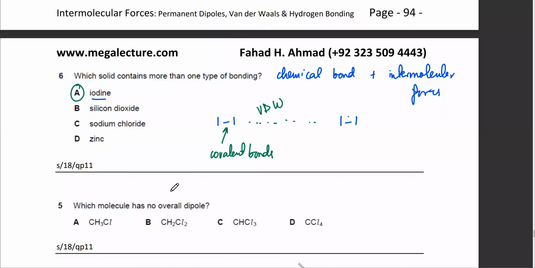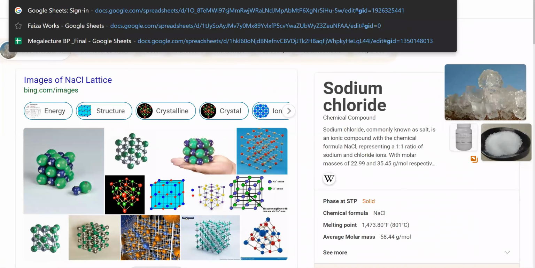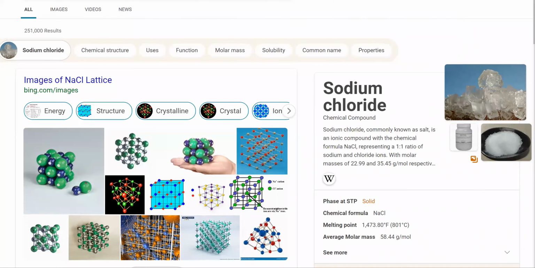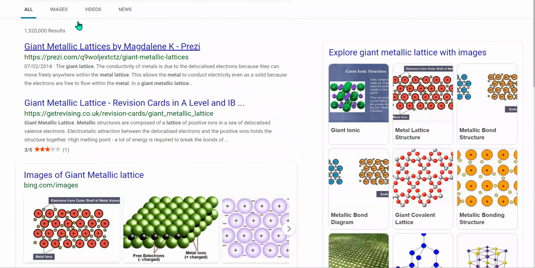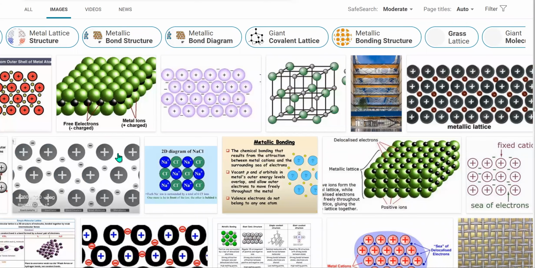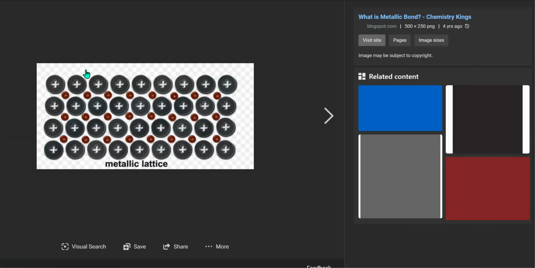As for zinc, it is metallic. Remember what a giant metallic lattice is? That is also a giant structure. Giant metallic lattices have metal ions.